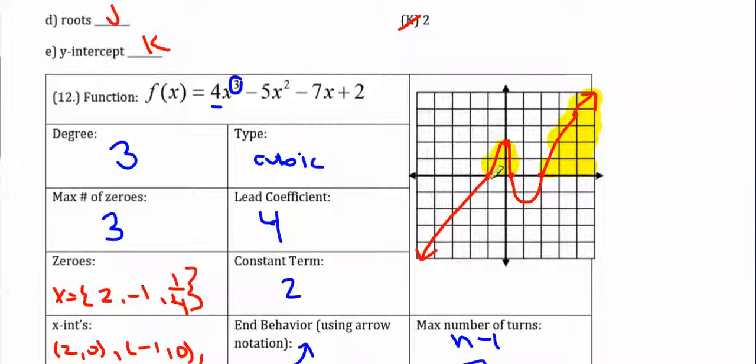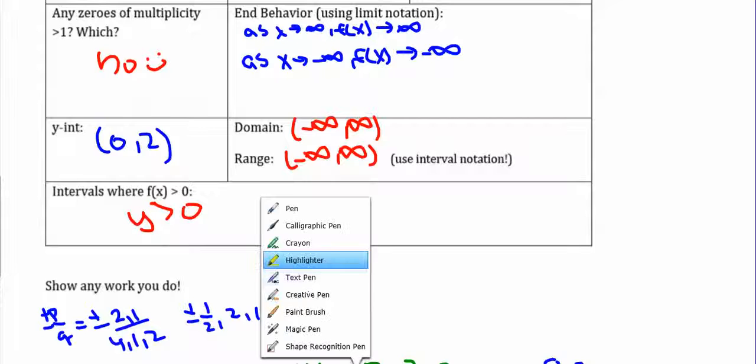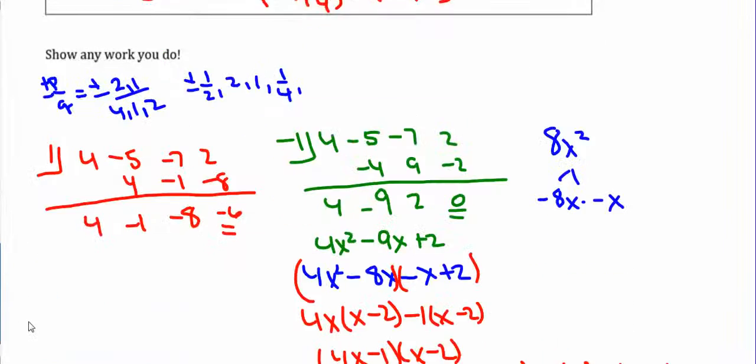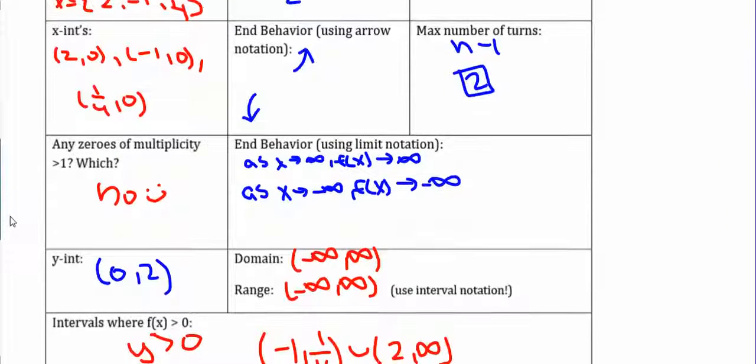That's from negative 1 to 1/4 and 2 to infinity. Remember, we always write intervals in terms of x. So what did I say? I said negative 1 to 1/4, and they always get parentheses, and 2 to infinity. All right, that is the third page.